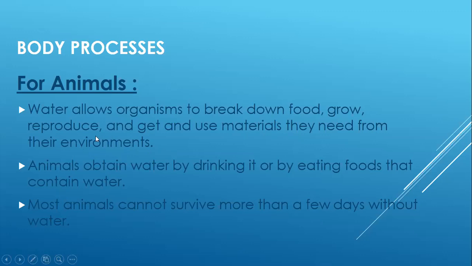That's for the animals. Also, animals obtain water by drinking it or by eating food that contains water. Sometimes we get food containing water, like citrus or watermelon. All of that has a lot of water inside the content of these plants. Also, most animals cannot survive more than a few days without water because, as you know, most of the body processes depend on water.